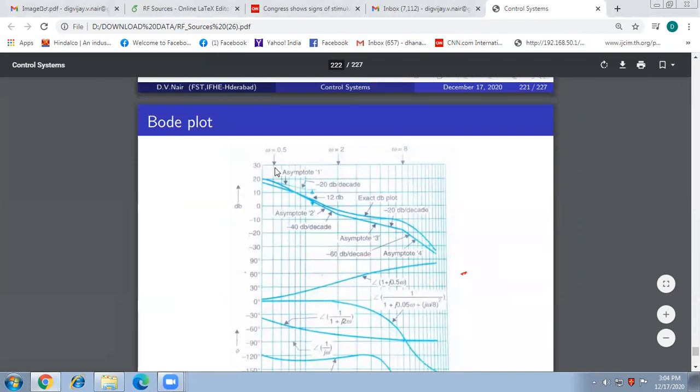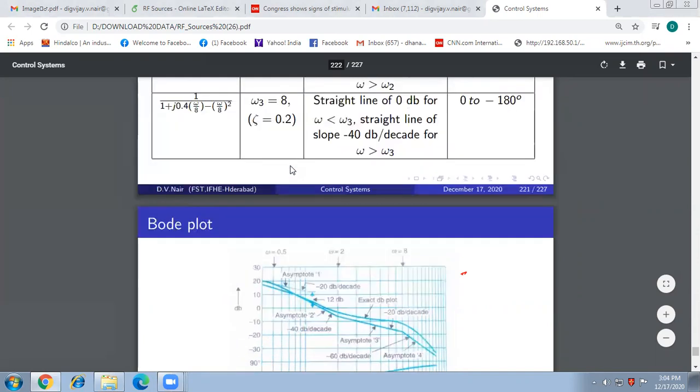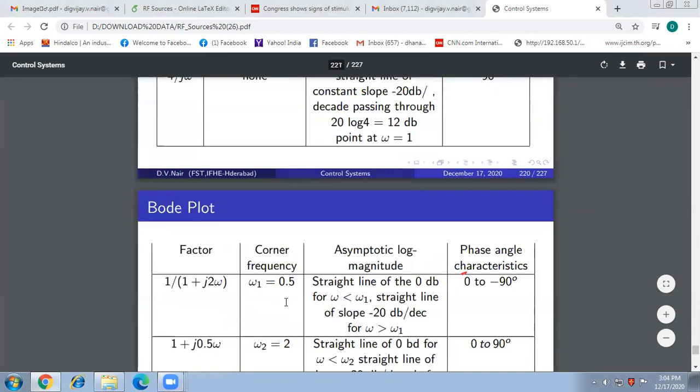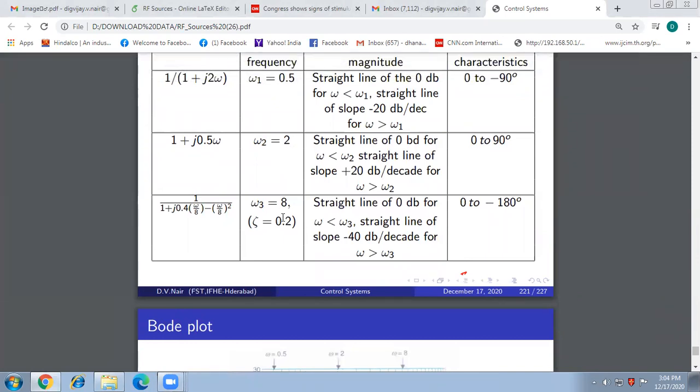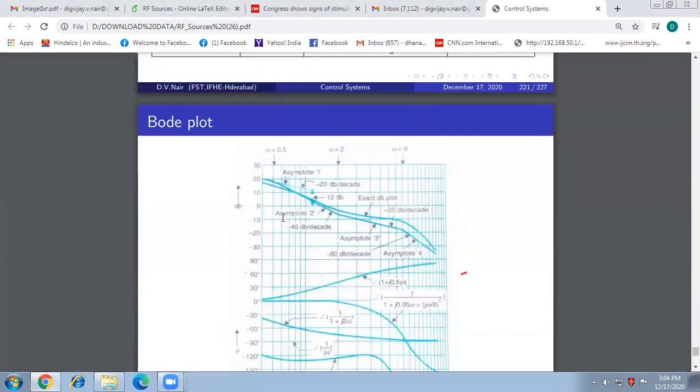You can see here they have lined up corner frequencies in increasing order, starting with the lowest corner frequency of 0.5, which corresponded to a pole. Then there is a zero at corner frequency 2, and further at the higher corner frequency of 8 there are two complex conjugate poles.